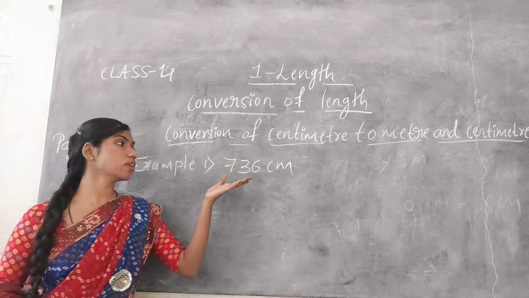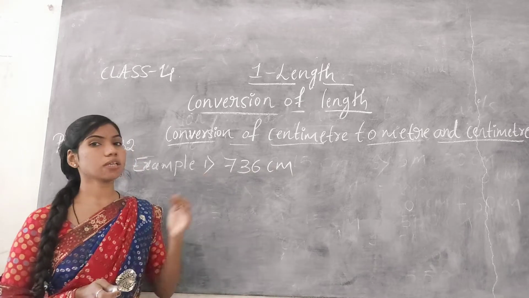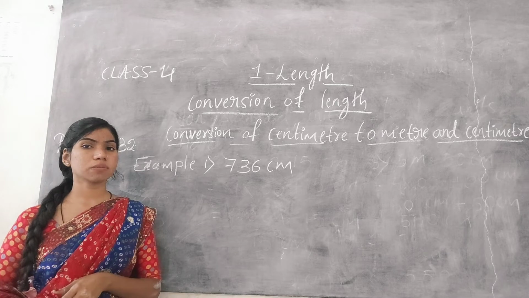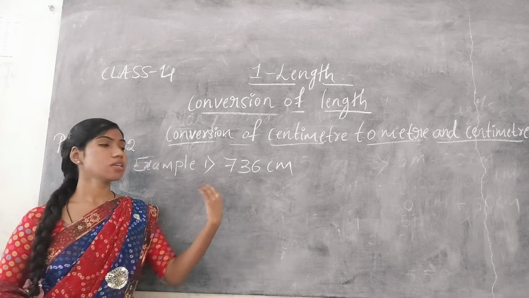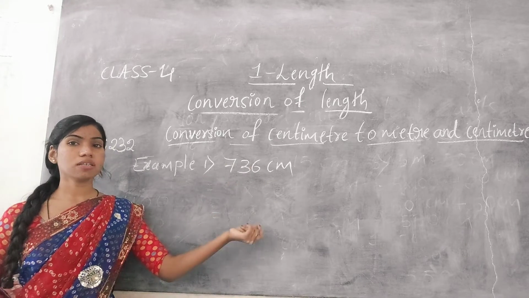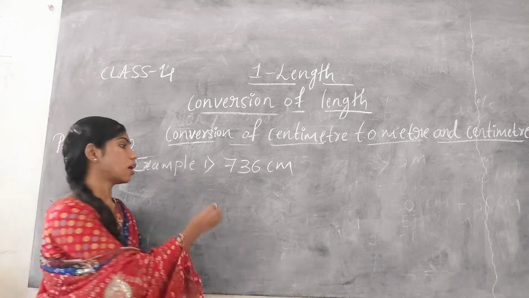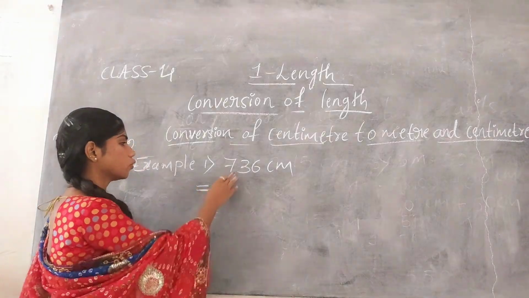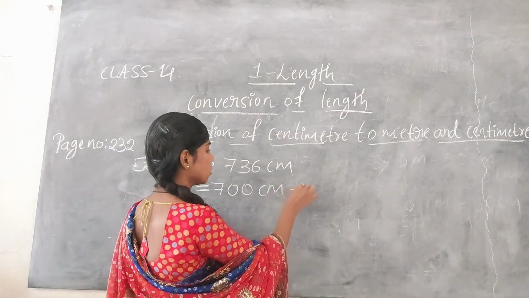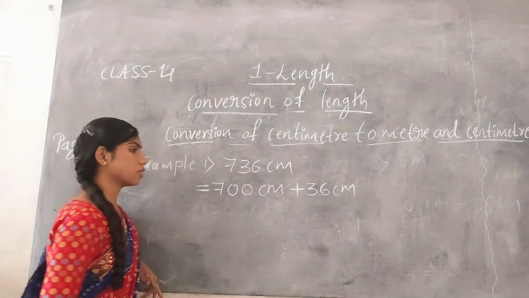Convert this 736 centimeter into meter and centimeter. So how can we convert? If the centimeter number is more than 100, we can write this as 700 centimeter plus 36 centimeter.